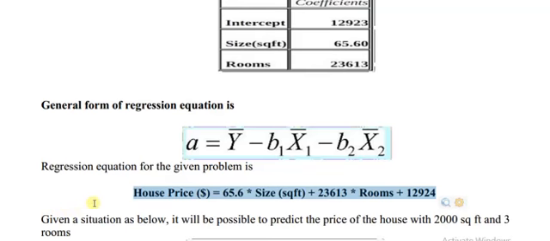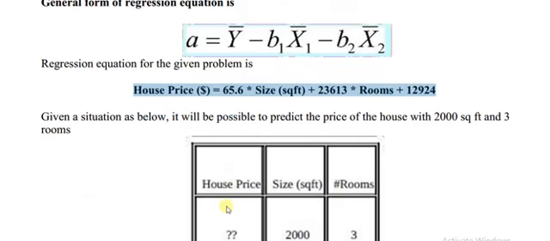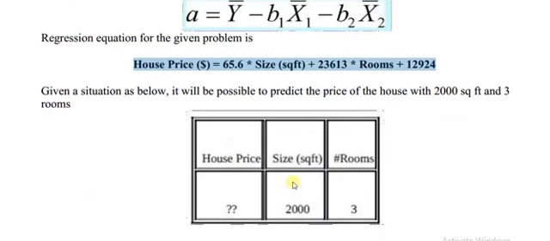Suppose a situation is given like this, can we predict the house price? That is the main thing in regression: given a new data value, how can we predict the price. It will be possible to predict the price of a house with 2000 square feet and 3 rooms.